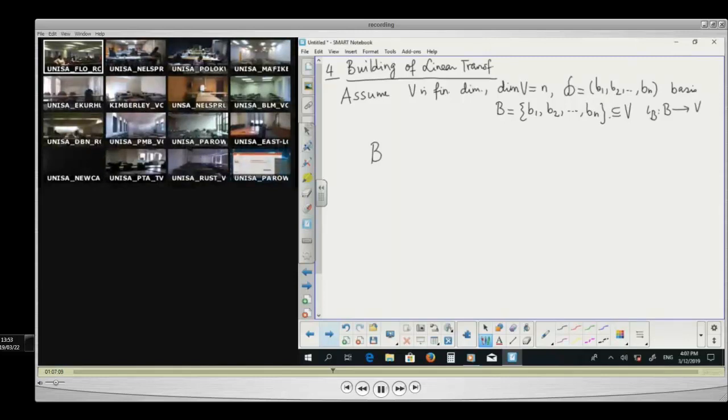In general, it will be proper because V being a vector space will have infinitely many elements, and B has finitely many elements, so it is proper.